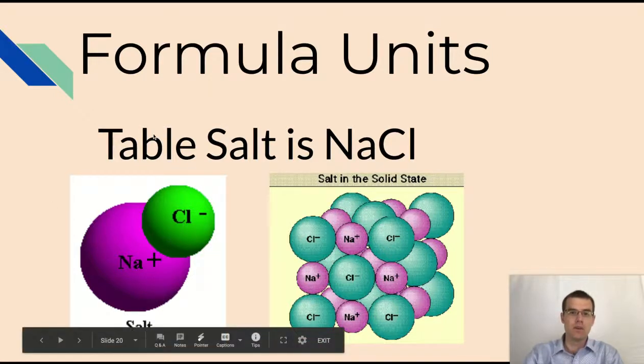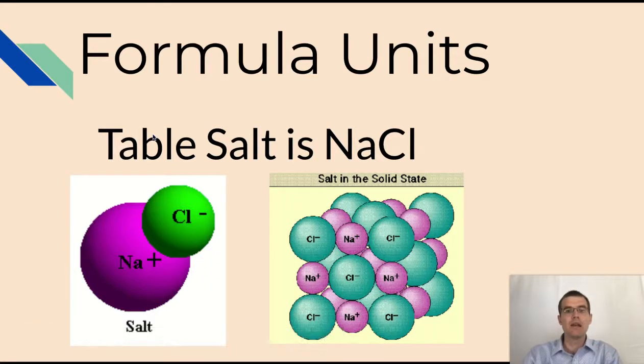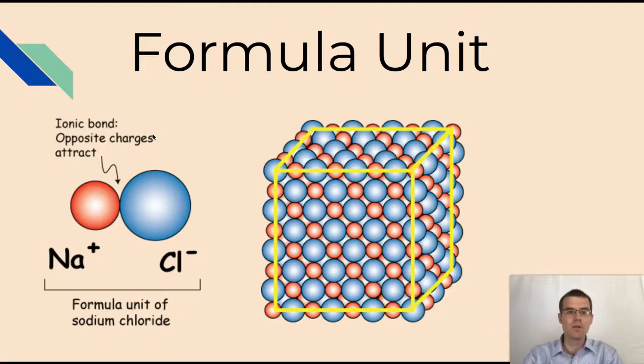And that is a formula unit. The smallest possible piece that you could break an ionic crystal or compound into and still have that compound is your formula unit. And so you can see another way of modeling that here. And you can see that that opposite charge is attracting the 2 ions to each other.